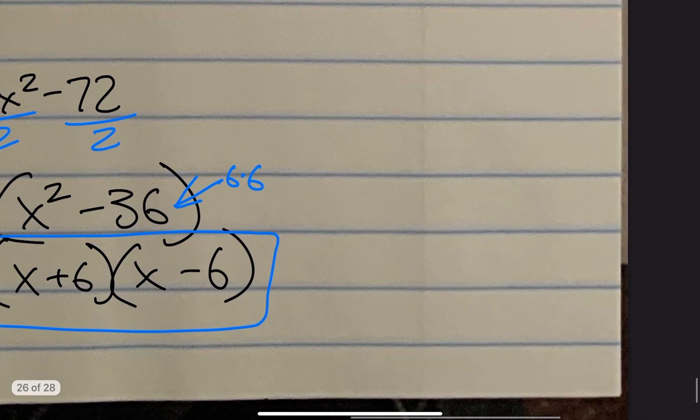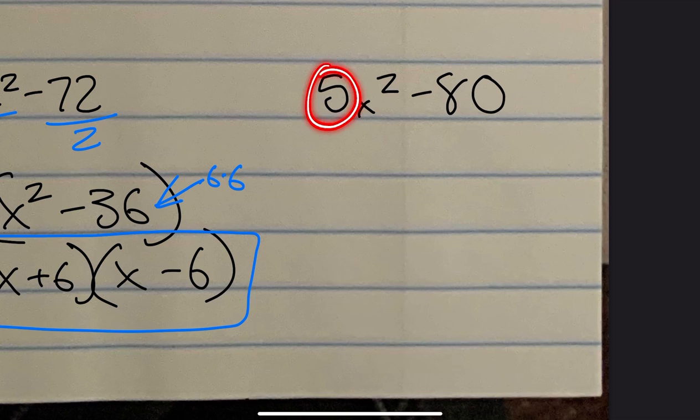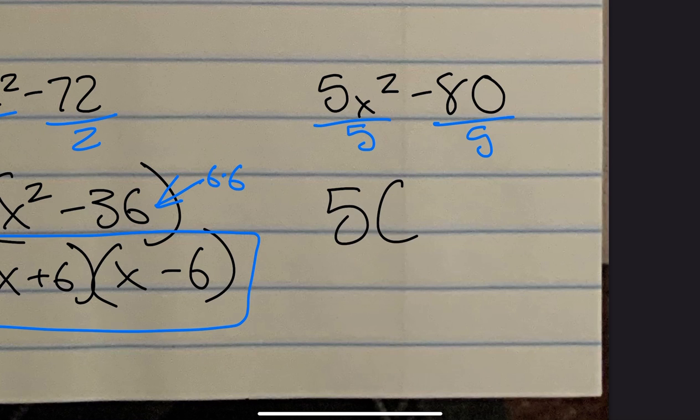Okay, let's do that one more time. I have 5x squared minus 80. Okay, so I know 5 is not a perfect square, neither is 80. So that means I'm going to have to take out my GCF. When I do that, I'm going to be left with x squared minus 80 divided by 5. That's going to be 16.